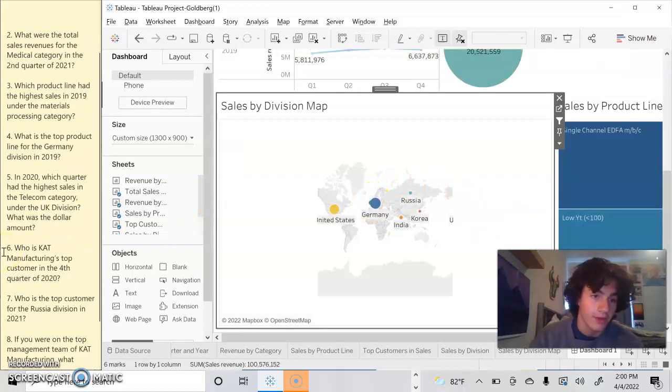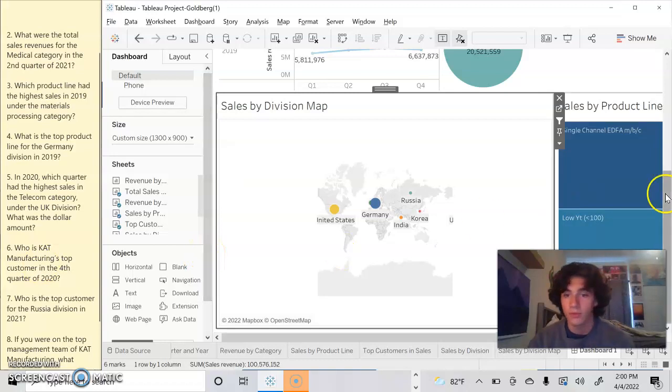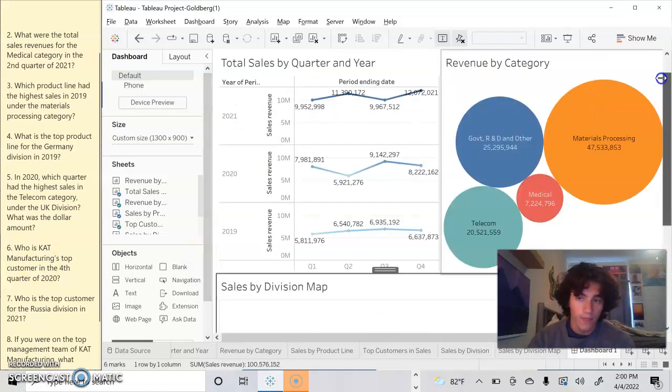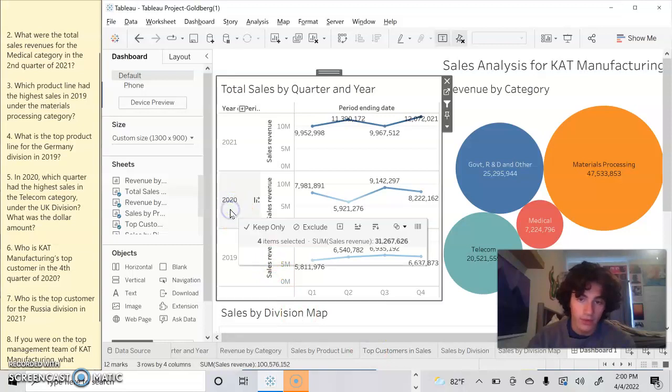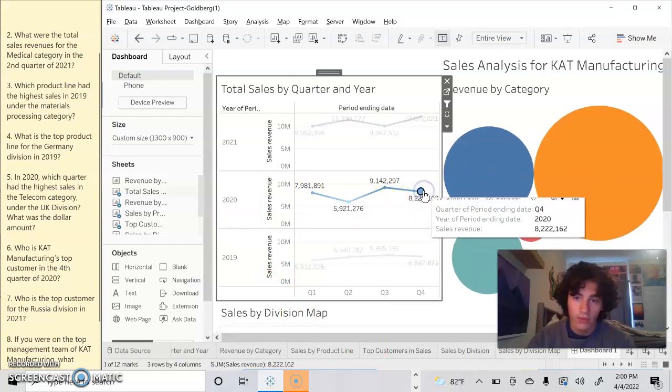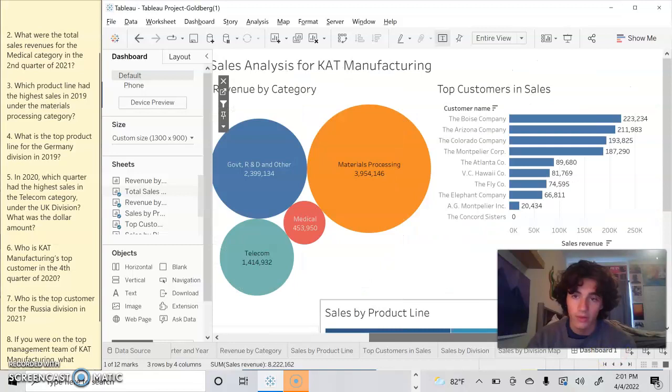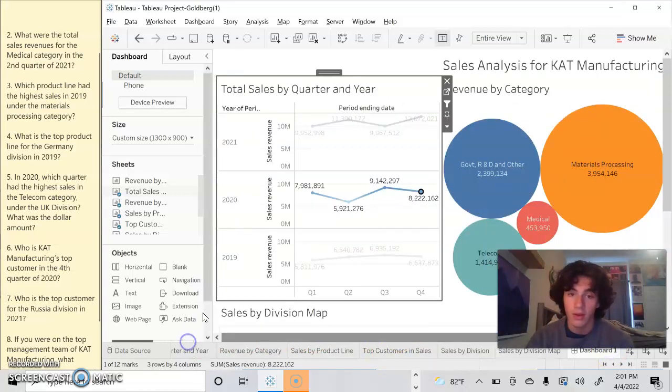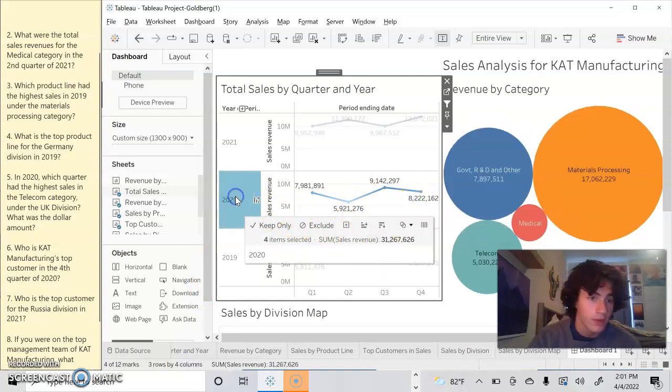Next, who is CAT Manufacturing's top customer in the fourth quarter of 2020? So all we got to do, hit 2020, hit quarter 4, and slide all the way down over here. As we can see, the Boise company was the top customer for that year and quarter. So deselect, and we deselect.